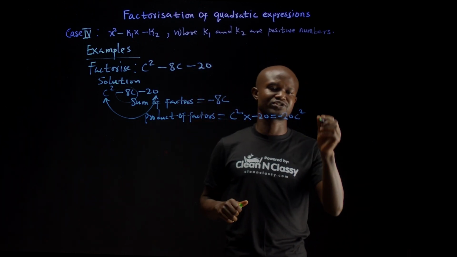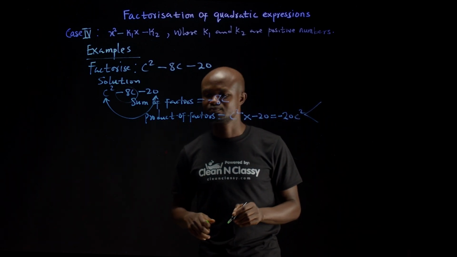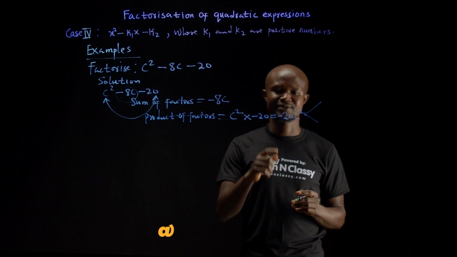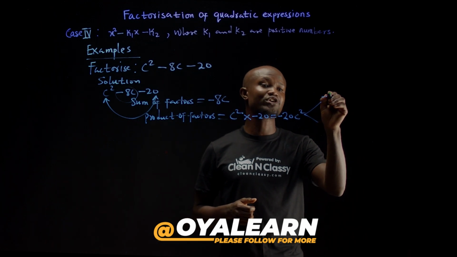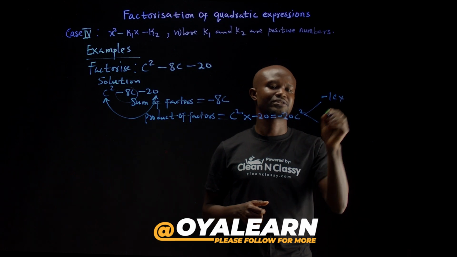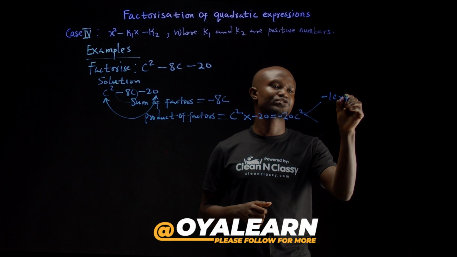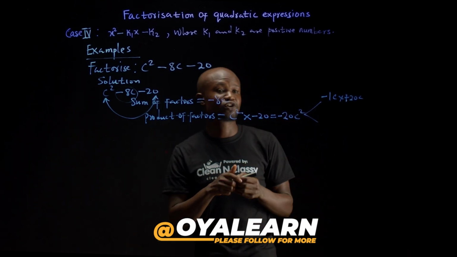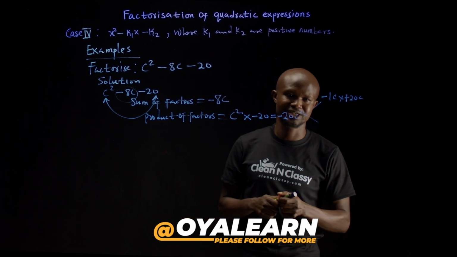So let's focus on the product in order to get our factors. Minus 20c squared. How do we break this down? We can have minus 1c multiplied by plus 20c. Minus 1 times 20 will give us minus 20, and c times c will give us c squared.